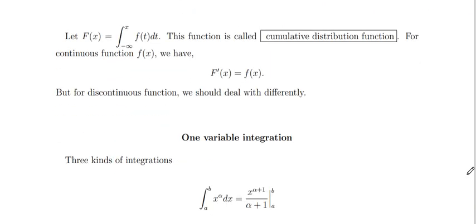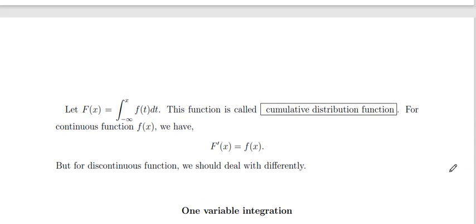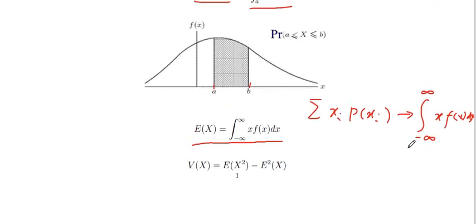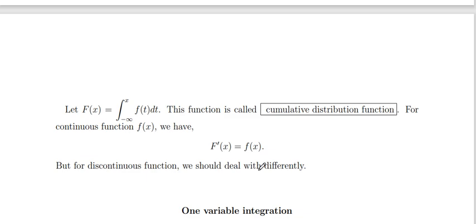And for the continuous distribution, because it involves an integration, we define the antiderivative from this integration. If we integrate from negative infinity to x, and let the upper bound change, then this is a function. Such a function we call the cumulative distribution function, or sometimes just the distribution function.